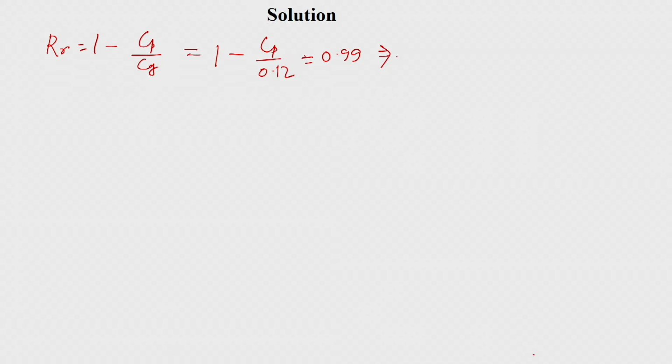From here we will be getting Cp, that is Cp is equal to 1.2 into 10 to the power minus 3 kg per meter cube. So, now we have this Cp also.